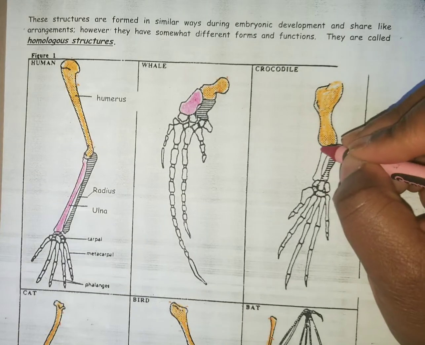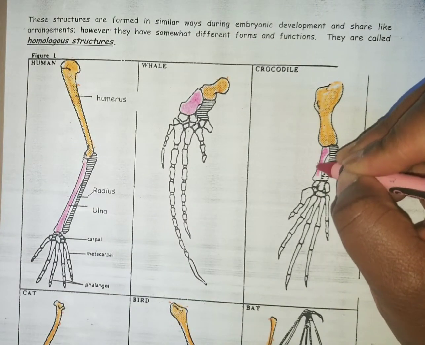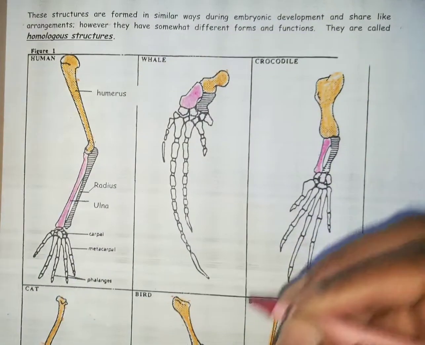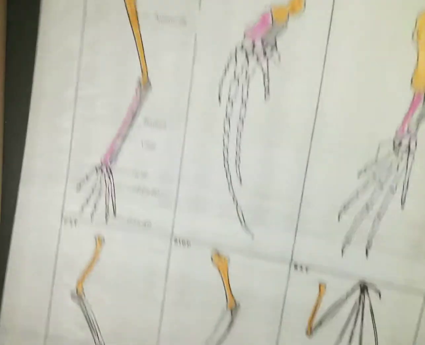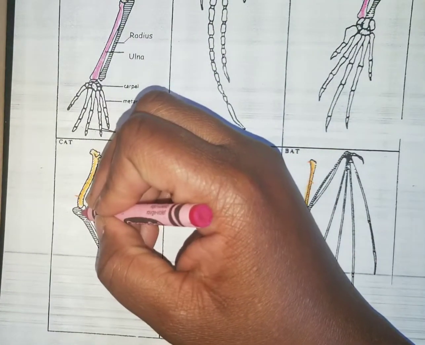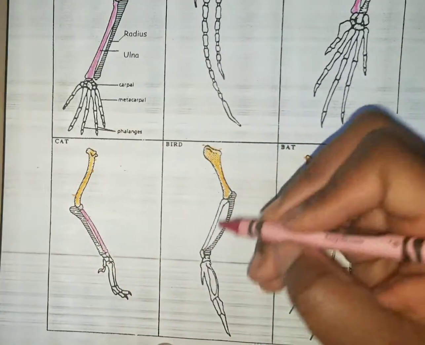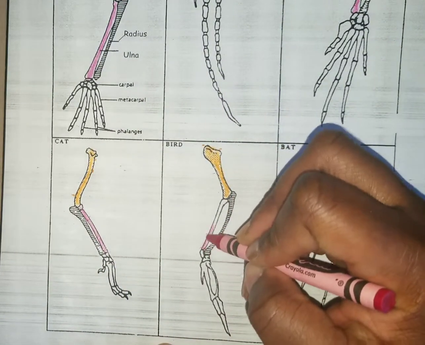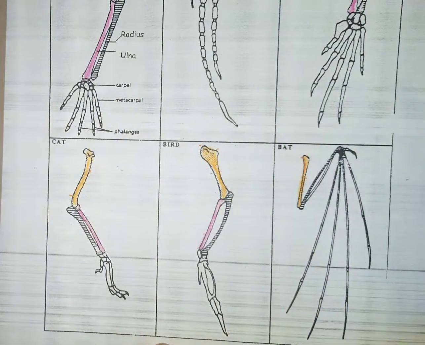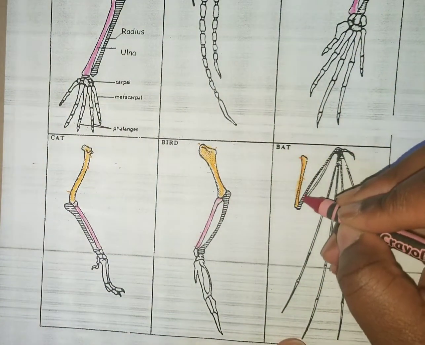We have it here. Color that red. Down below, it's on this side, we can color that red. Here, color that red. And then here, we're gonna color that red.